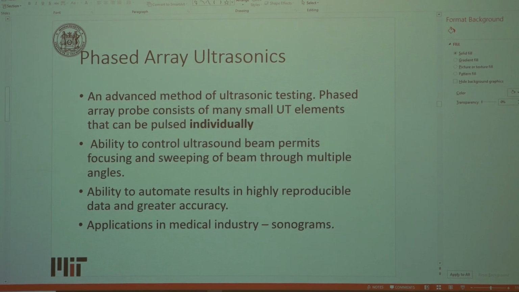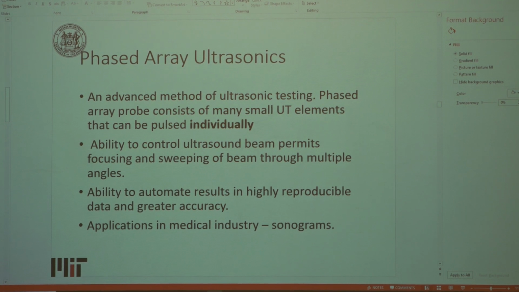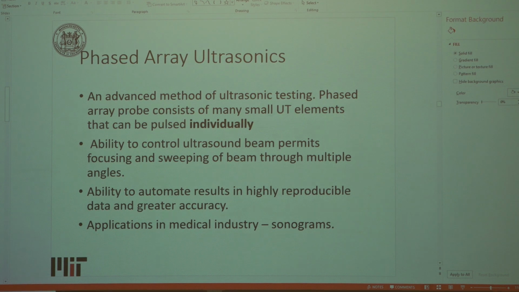Rather than a single transducer element like in the previous image, you can now have 16 to 64 different transducer elements and pulse them, so you get more inspection opportunities simultaneously. They sweep the ultrasonic wave at different angles through the component.